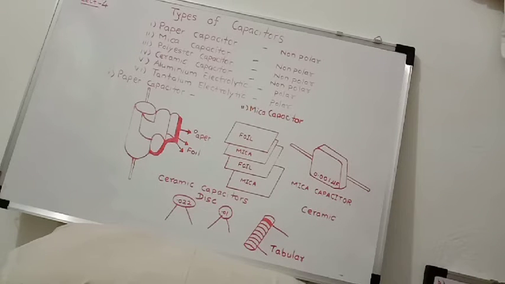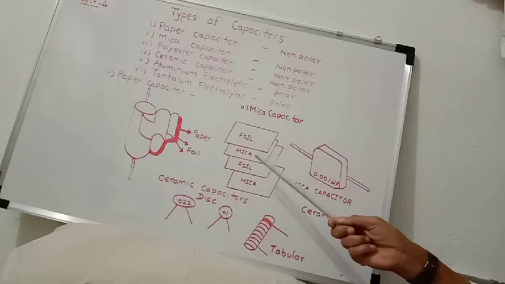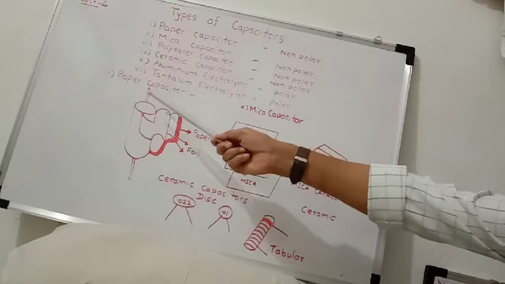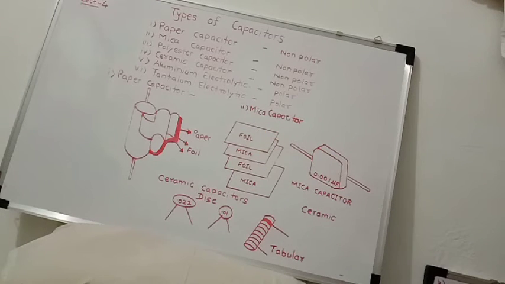The construction is similar to that of paper capacitor. Only the dielectric material used here is mica foil or mica sheet. Then mica capacitors are a square or rectangular type.